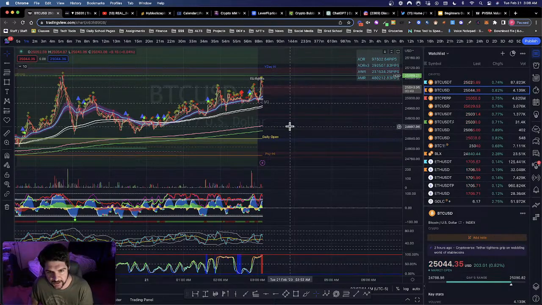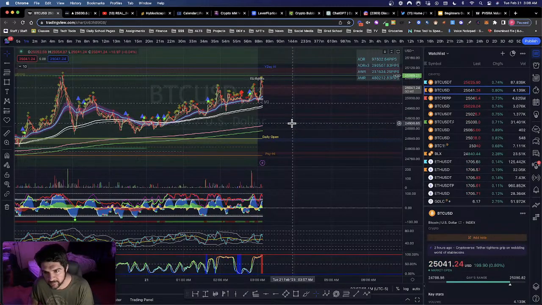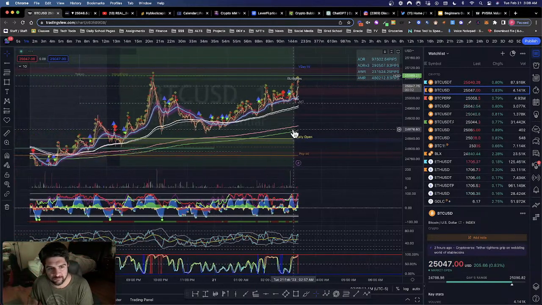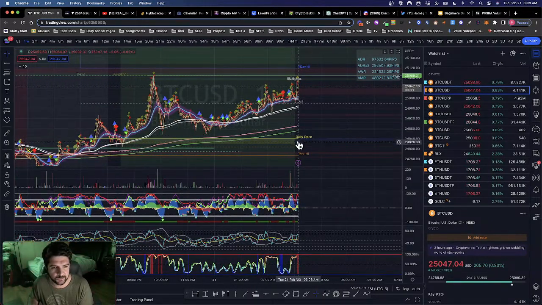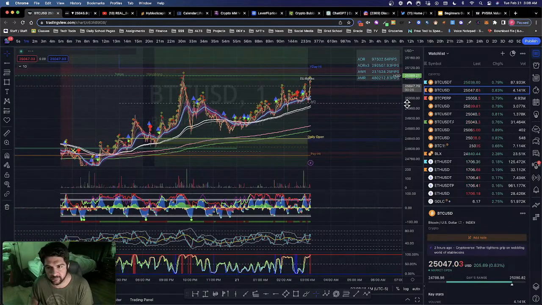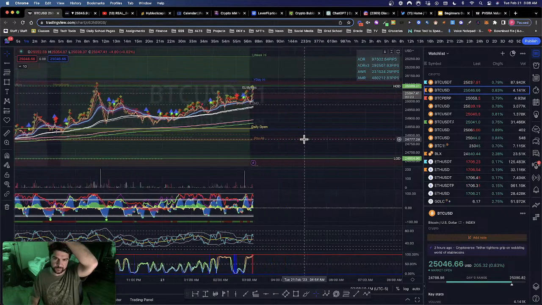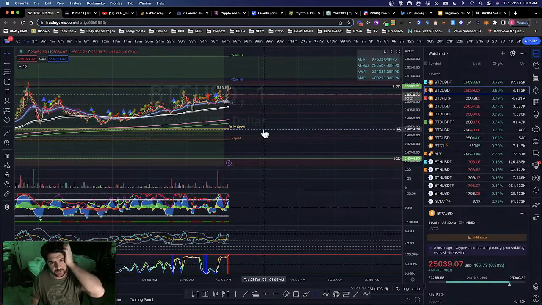So let's say 24.8, with those liquidations right around the daily open. So let's get out by 24.8, 24.850, something like that. Or we'll just TP on it. Little TP.